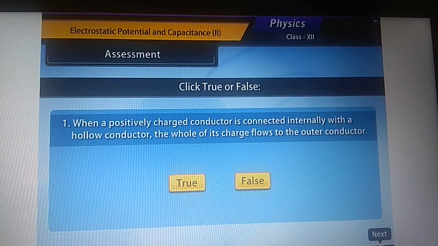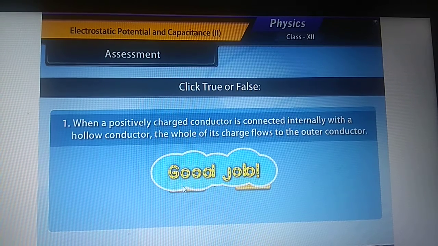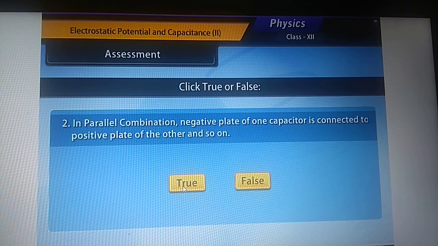Working assessment. Before proceeding further, let us know how much you have learned. Click true or false. When a positively charged conductor is connected internally with the hollow conductor, the whole of its charge flows to the outer conductor. It's true. Good job.